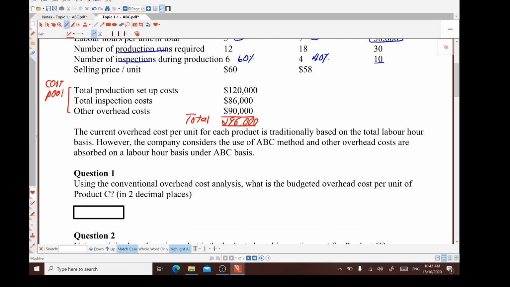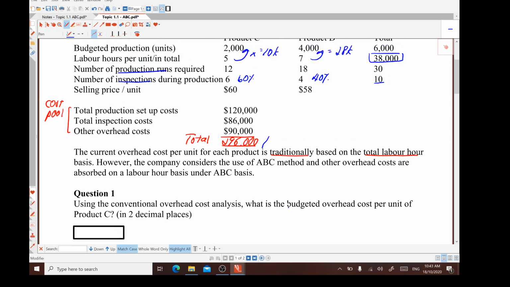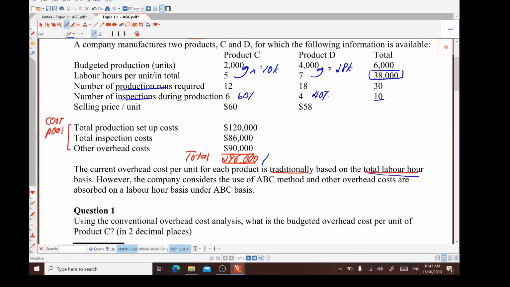So move on. The current overhead cost per unit for each product is traditionally based on the total labor hour. Can you see that? So they mention, if you wish to calculate your OAR, is that possible? Yes. Taking these total overhead costs, and what is your total labor hour?